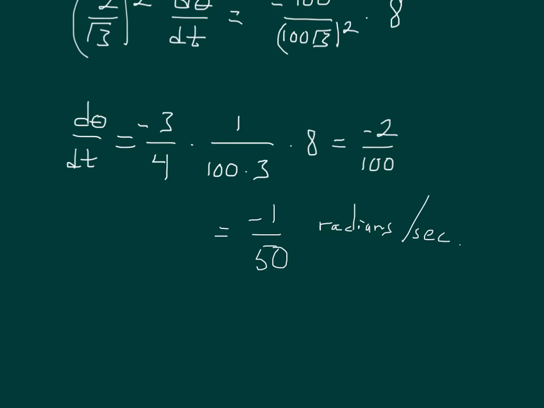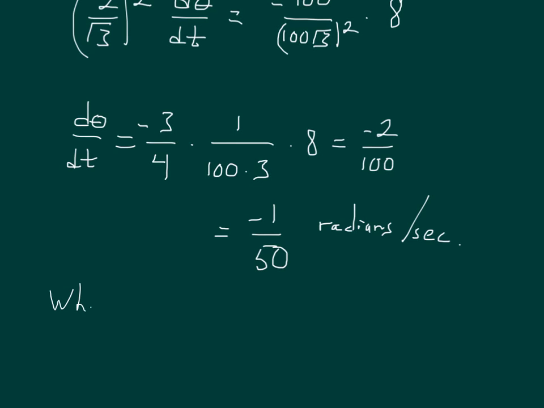Okay, so what this says then is that the angle theta is changing at a rate of 1 over 50 radians per second, and because we have this negative here, this means that theta is actually decreasing at a rate of 1 over 50 radians per second. So let's just say that for our final statement.